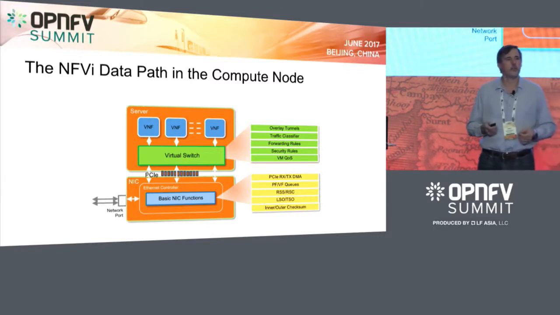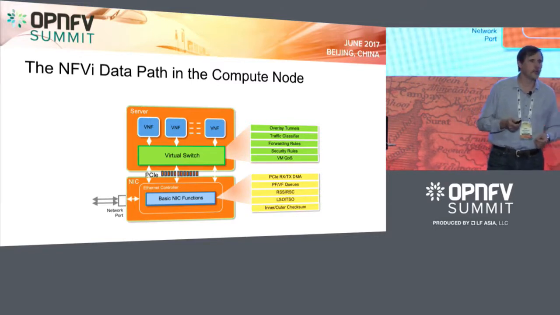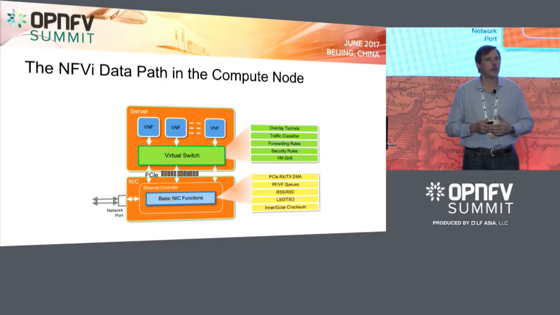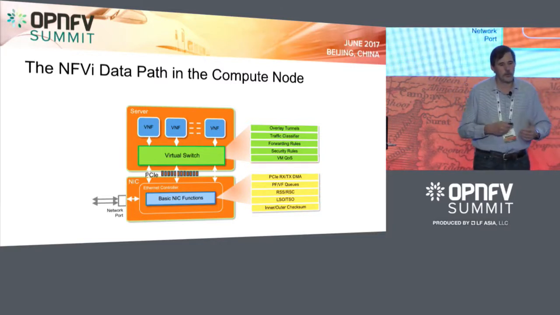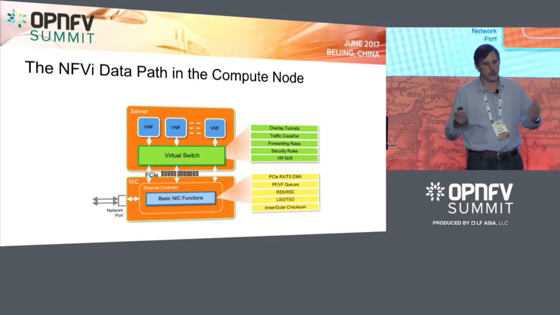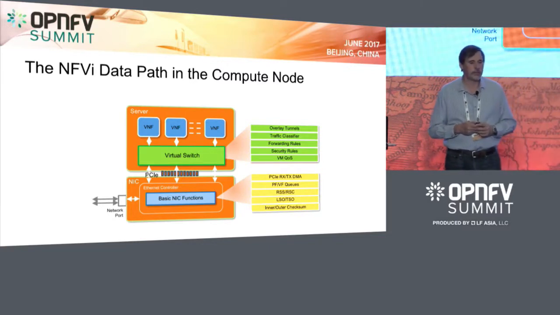And also, of course, well-known basic offload functions, acceleration functions, if you will, of things like checksum calculations, large segment offload, receive side scaling. These are well-known offloads that are implemented in virtually all network interface cards today.